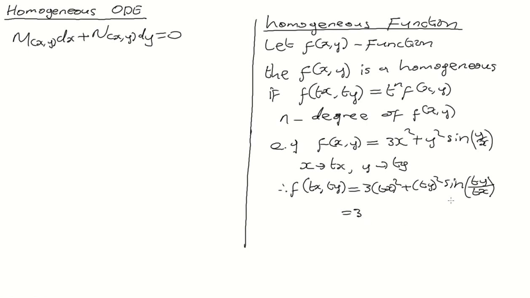Now our hope is to have t being a common variable in all the terms, and it must be the same power, because otherwise when we try to pull it outside, we can take out, say, power 2, but if there's power 3, for instance, in one of the terms, then that power 3 will be stuck with some t variable. Okay, so therefore this is t squared x squared, plus t squared y squared, sine.